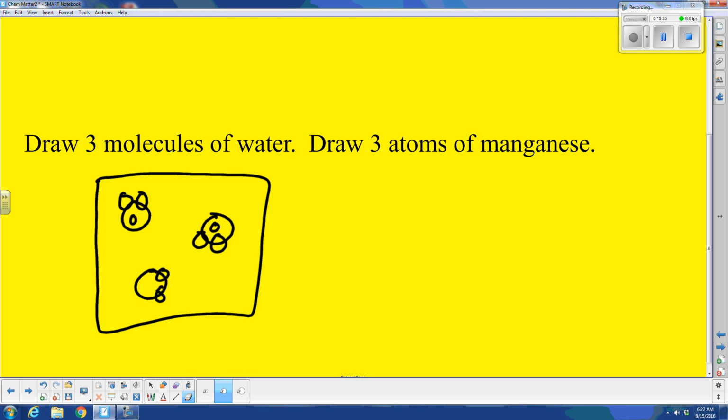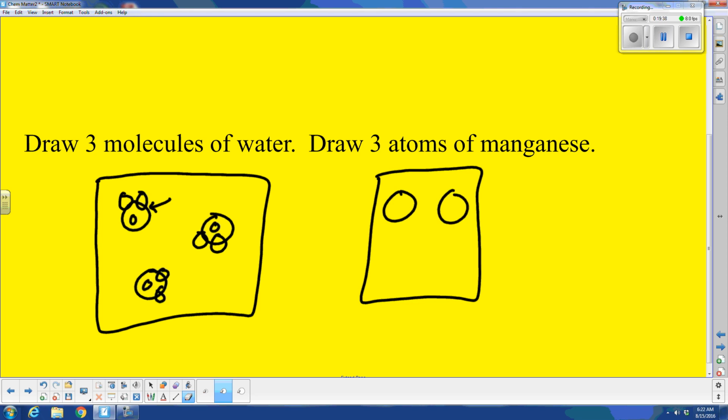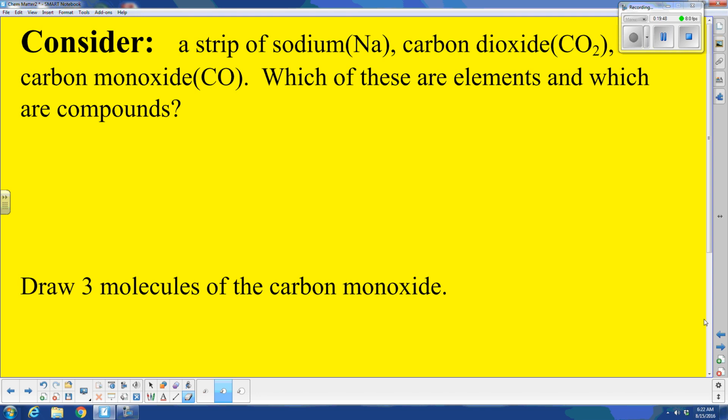And the key here is you have the overlap, but yet each molecule is not overlapping. If we draw 3 atoms of manganese, you can draw them anywhere you want. You just do not have them overlapping. That's the way I would do that. All right. Here you go. You guys do this. Bring me back when you're ready.